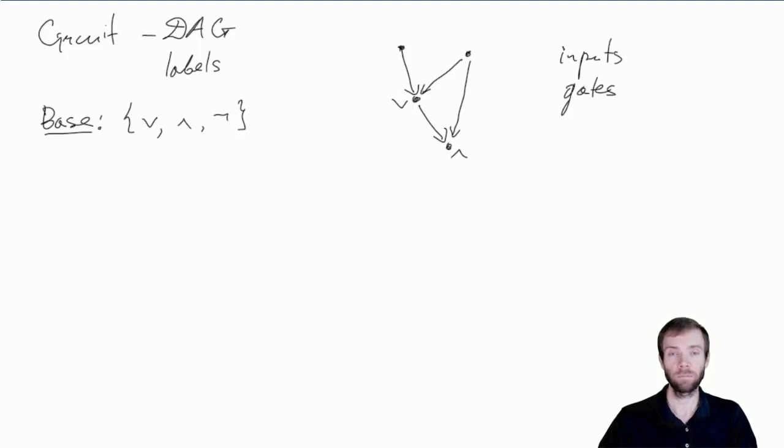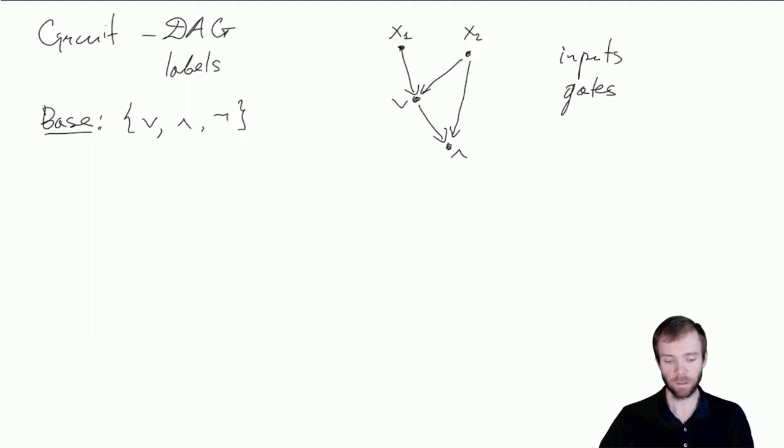And if a node has no incoming arcs, it can be called an input node, and it is usually labeled with a variable. Usually variables are denoted by, say, xi or x, y, z, etc. So here we have a circuit in which each node is labeled with either a variable or a gate, so a Boolean operation.